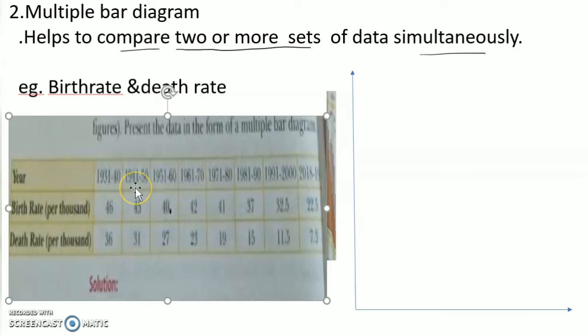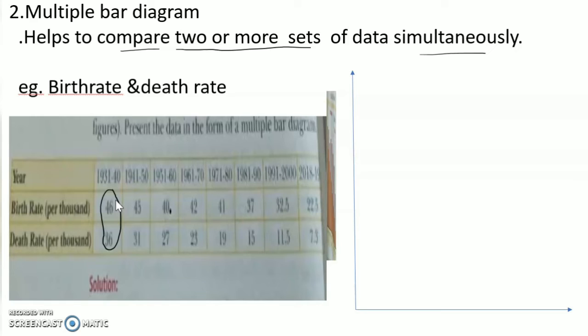Here the birth rate and death rate in India is given in this data, with different years given. So we take these two as a set of data and compare them with two bar diagrams, which we draw jointly, that is, two adjacent bar diagrams.